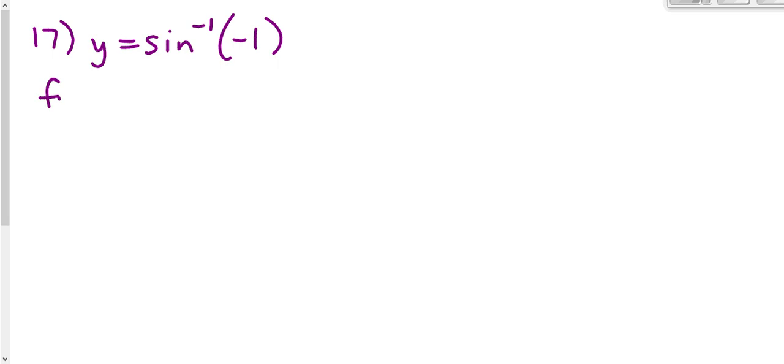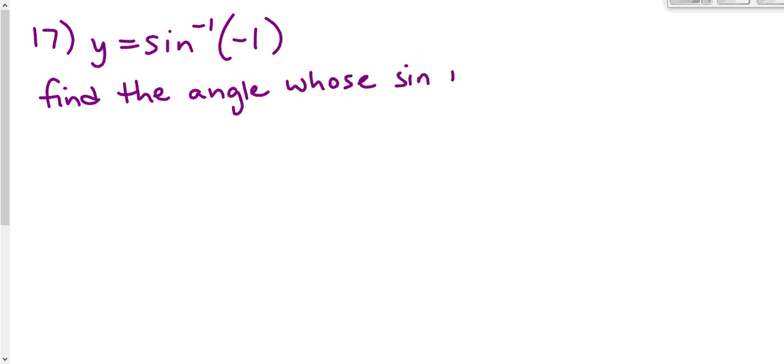Number 17. y equals inverse sine of negative 1. We're doing all the quadrantal ones together here. Okay, so we're finding the angle whose sine is negative 1. Where is sine negative 1?